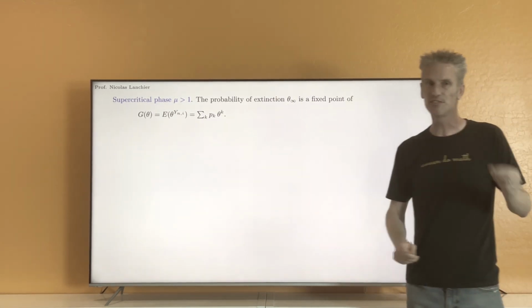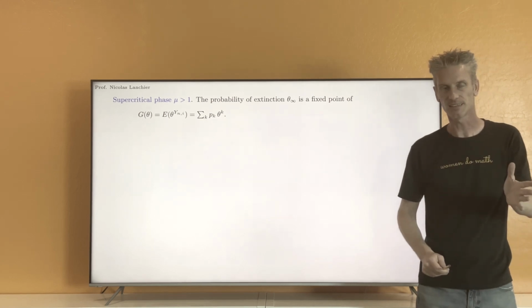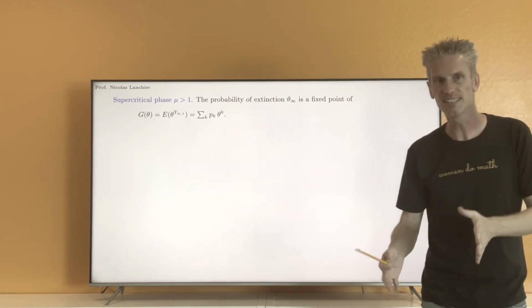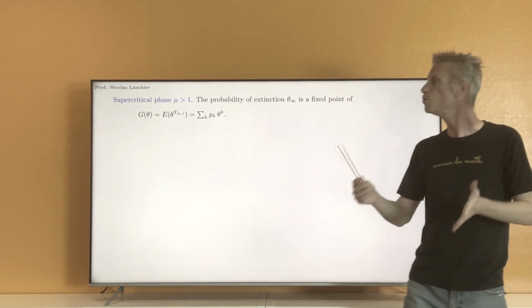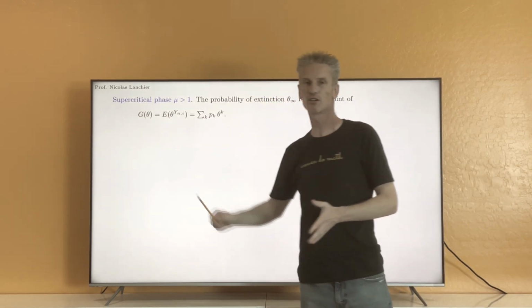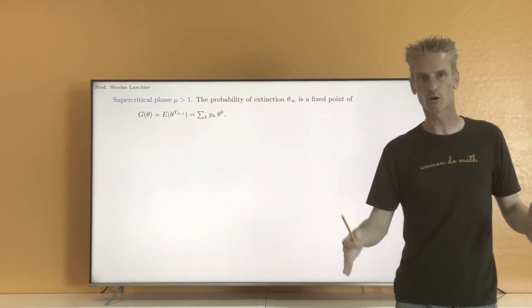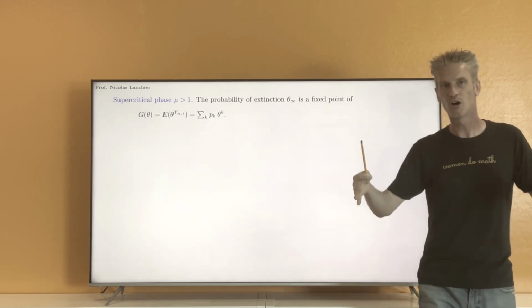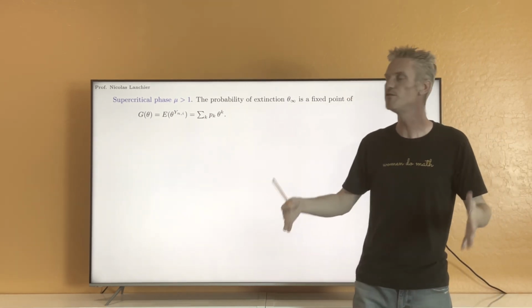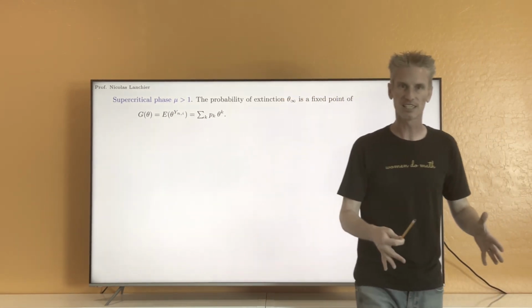Because theta infinity is the limit of the theta n, and the theta n are probabilities, and so between 0 and 1, we only need to understand this function on the interval 0, 1. We only need to look at the potential fixed points of this function in the interval 0, 1.